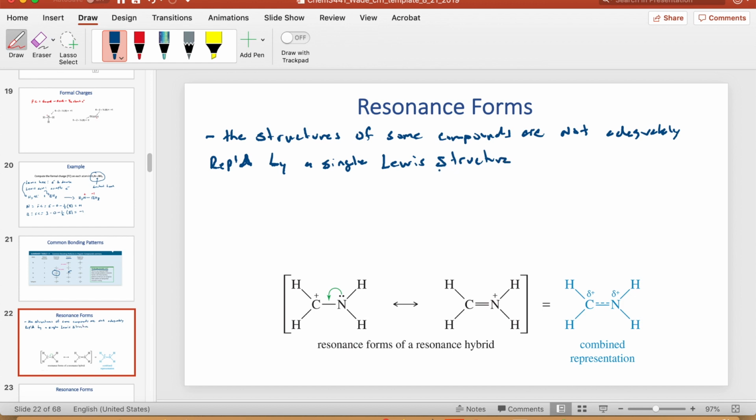Right, so basically, resonance structures are those that can be formed by moving only electrons. So you can't move sigma bonds.